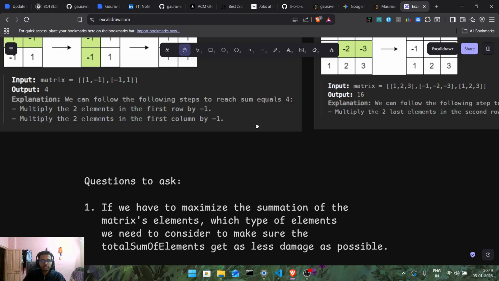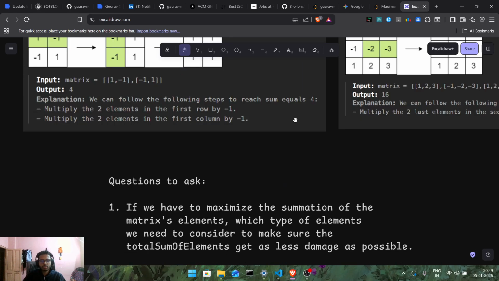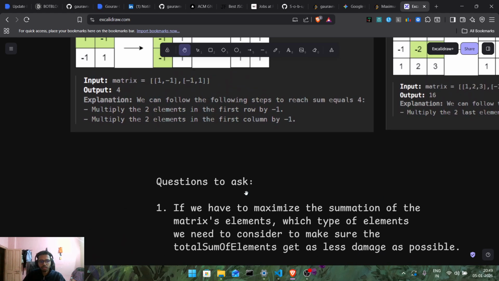So can we have some observations? We have some questions to ask. If we have to maximize the summation of the matrix's elements, which type of elements do we need to consider to make sure the total sum gets as little damage as possible? Just read it carefully again. We need to maximize the summation of the matrix's elements, right?